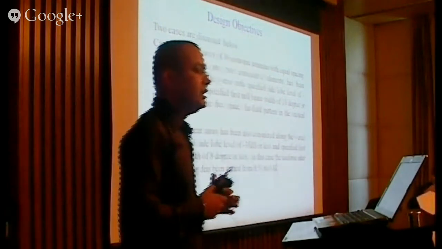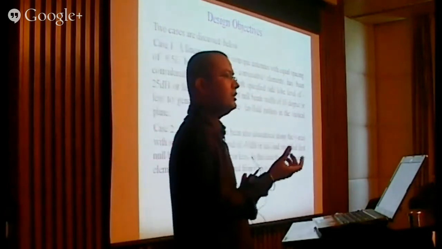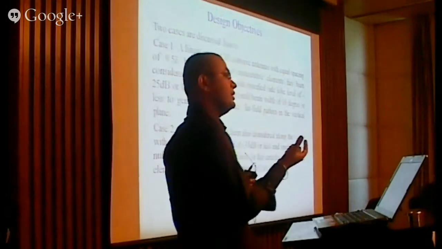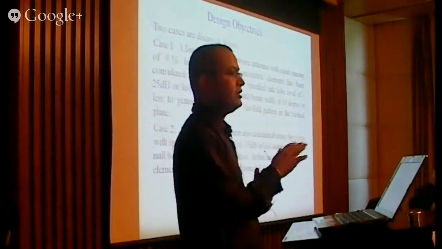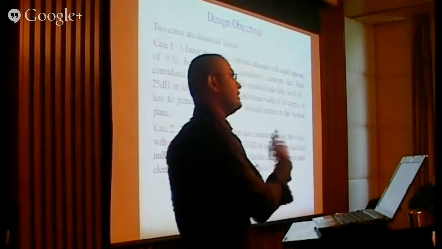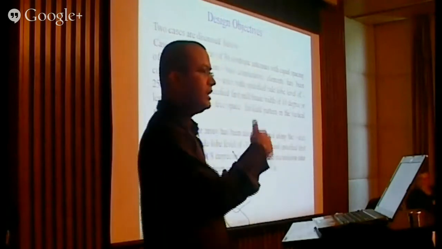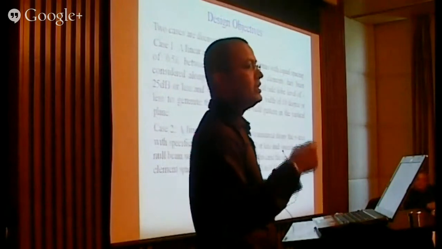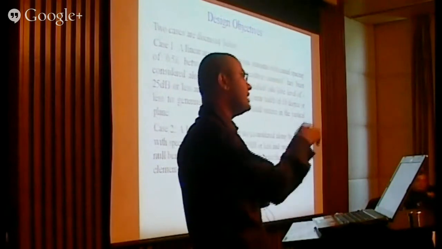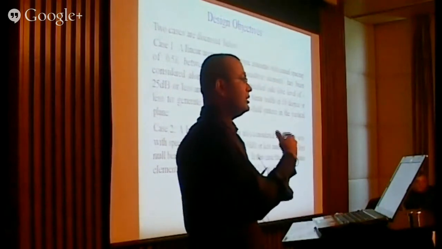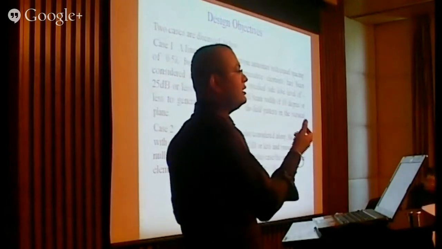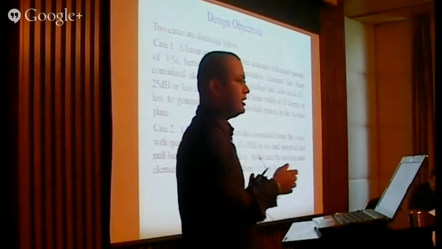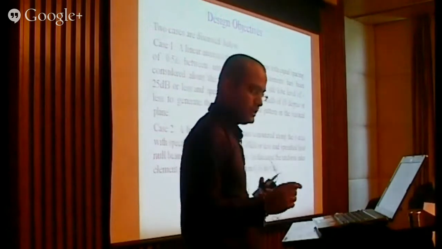In the first case we have taken inter-element spacing of 0.5 lambda as constant between all elements, and in the second case the inter-element spacing is varied from 0.5 lambda to 0.8 lambda, and finally we selected a specified inter-element spacing to obtain our desired result.